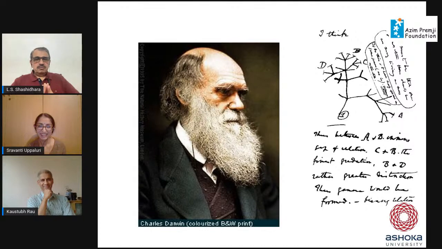Anyway, I think biology has to be taught the way Darwin thought about it, though not necessarily all aspects of Darwinian understanding of biology, because the understanding of biology is much better now, and many of the concepts that Darwin talked about have actually been proven wrong.